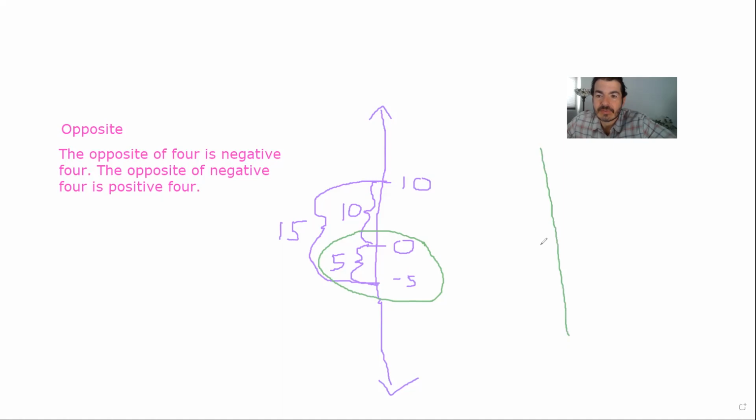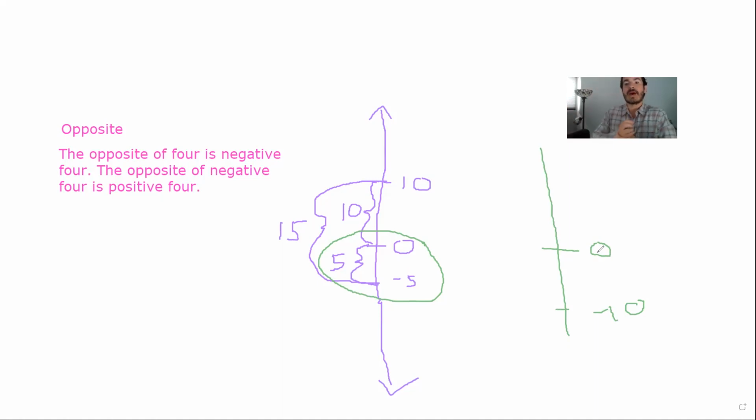So if I just do a makeshift one right here, here's 0, here's -10. If I say, hey, how far is -10 from 0? Well, it's 10 units far. I wouldn't say it's -10 units far. It's just 10 units far.